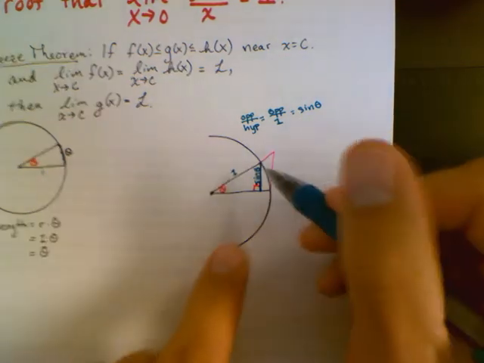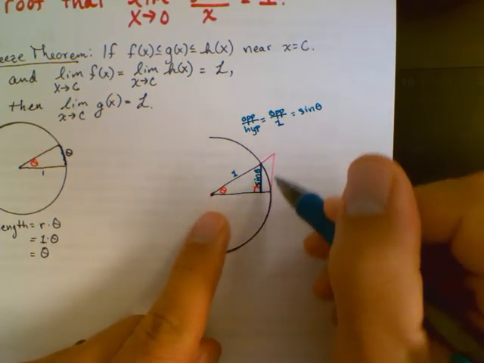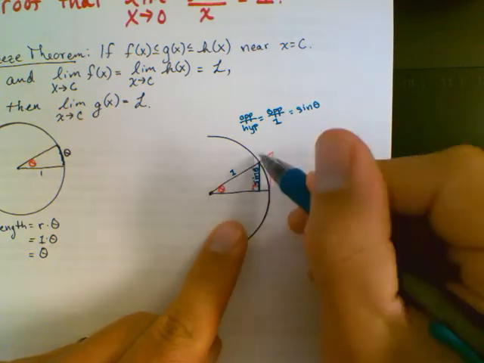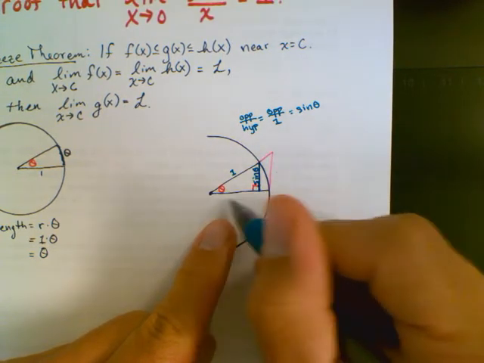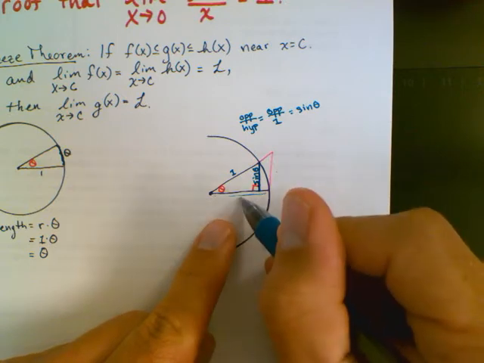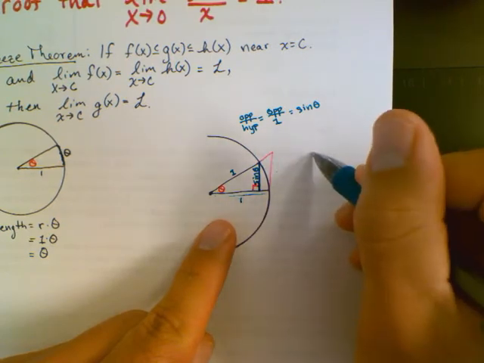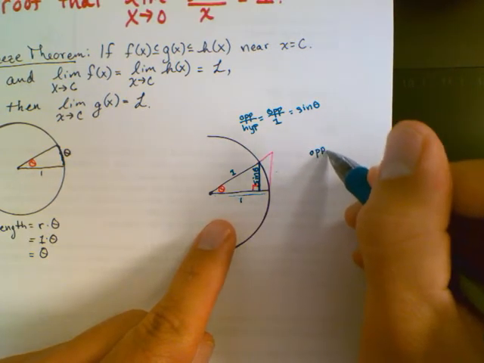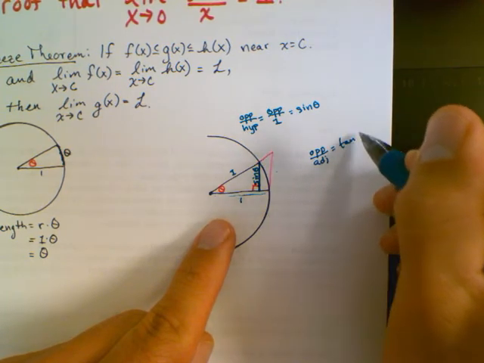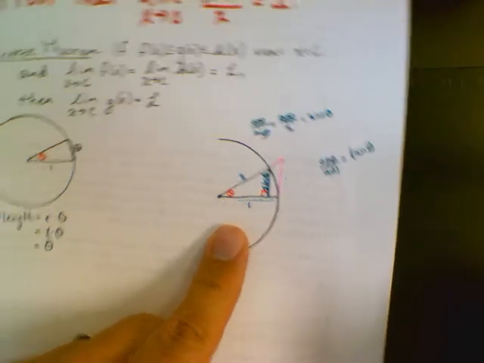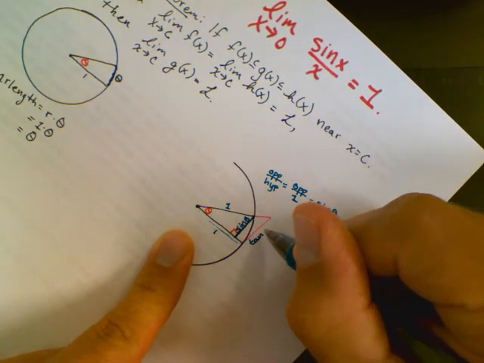So this is still an opposite side, but we don't have the hypotenuse anymore, but we do know what the adjacent side is, because this adjacent side is still length 1. So this opposite side, this time it's opposite divided by adjacent, and opposite over adjacent is just tangent theta, okay? So the length of this vertical segment is tangent theta.